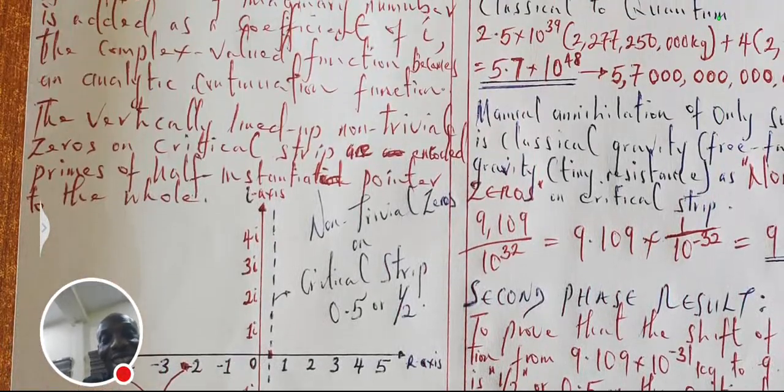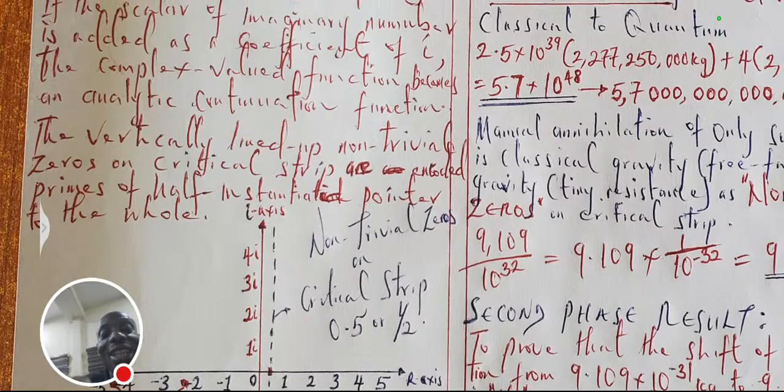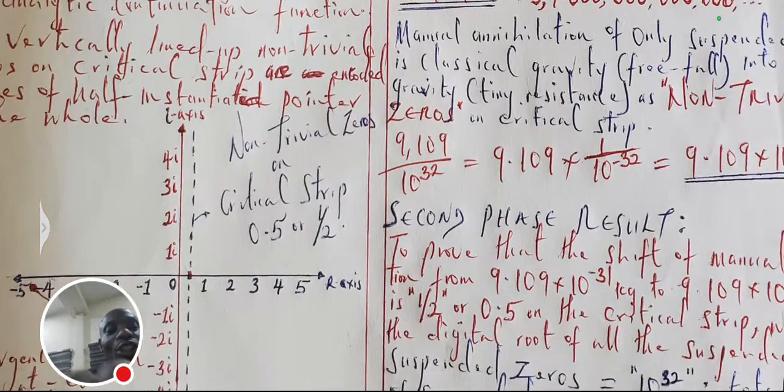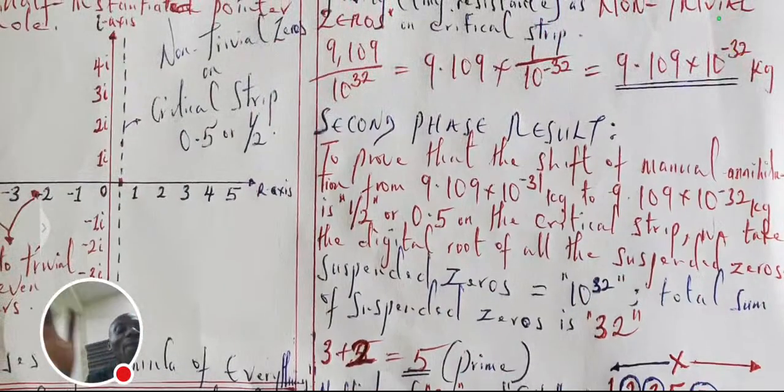That is why I said the vertical lined up non-trivial zeros on the critical strip are encoded primes of half instantiated pointer to the O. The moment you have the prime encoded non-trivial zeros, you already have access to the position of the electron at quantum level.